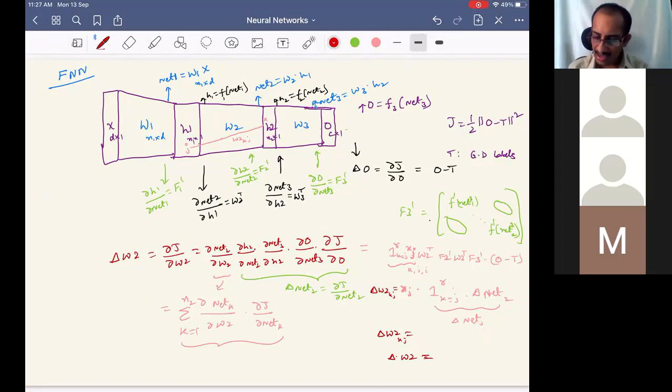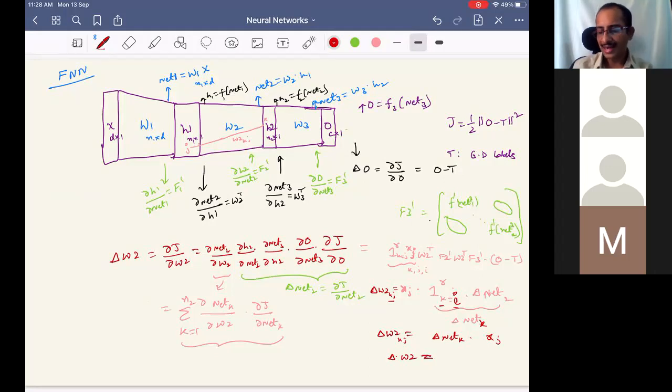So this will pick the kth one, right? Net k into xj. Fine. So index here, usually we are using this for the final layer. So this is a running index, and in that it picks the kth one, because you have k here. Okay, is this fine? Is this clear or not?